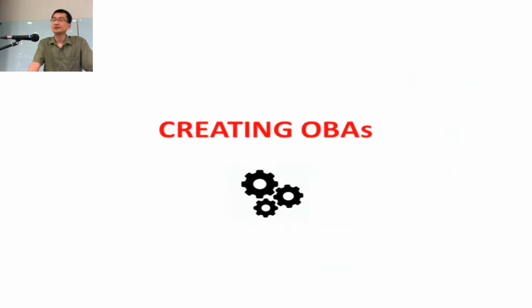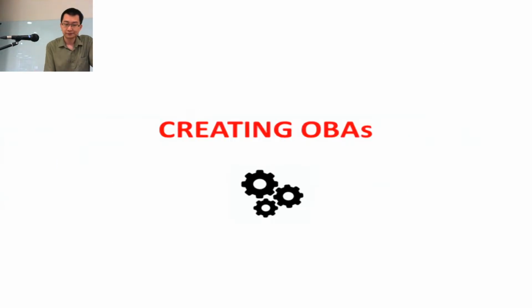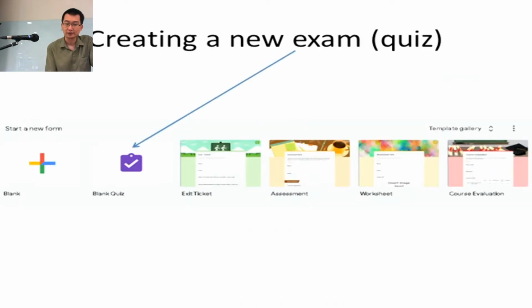So creating OBAs, the first part. When you click the Forms icon, you will come to a screen like this. Among the options will be blank quiz. So we just click on blank quiz.